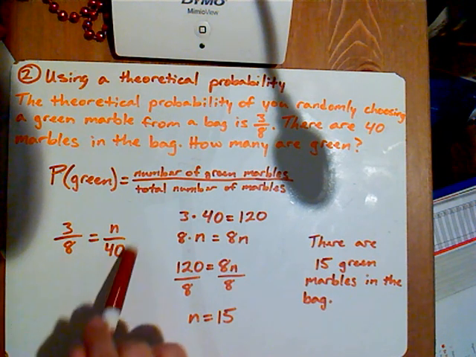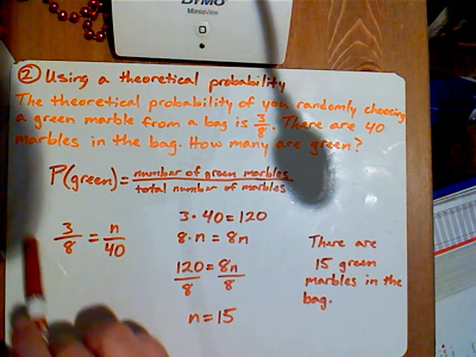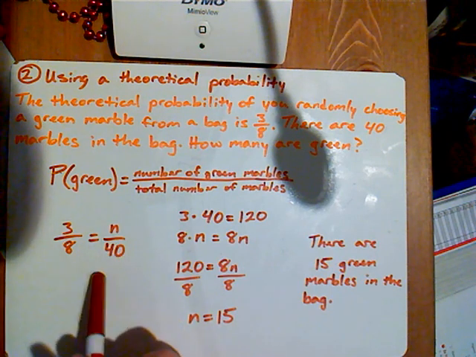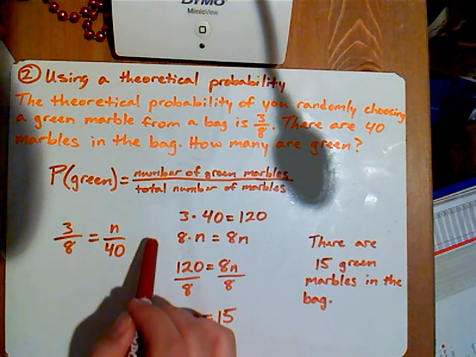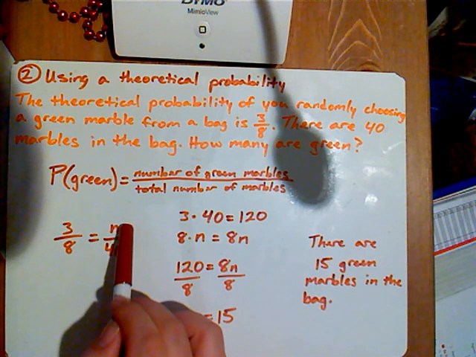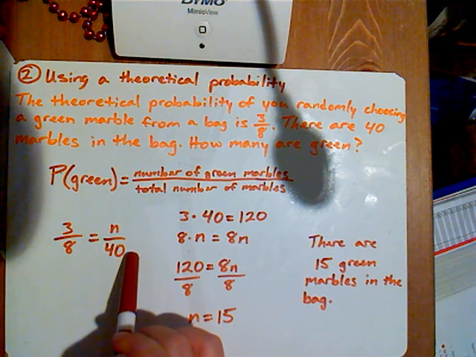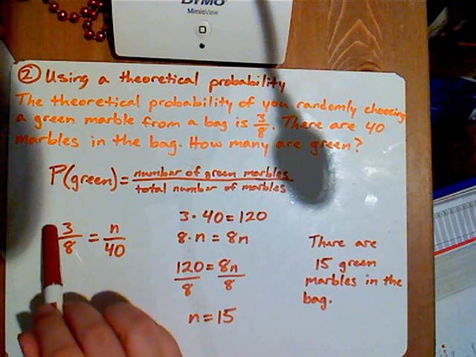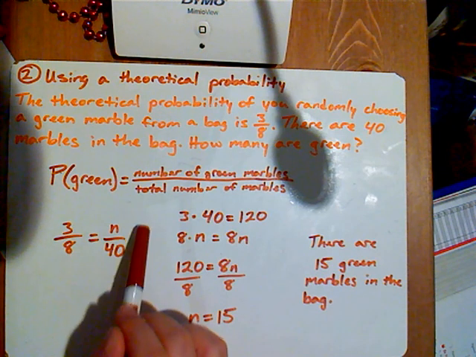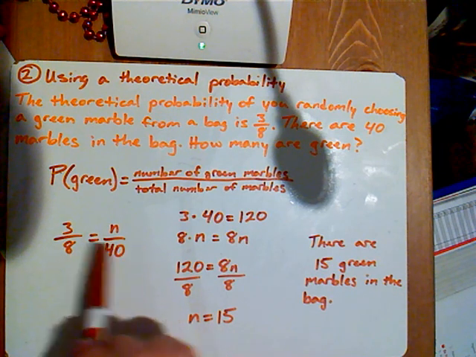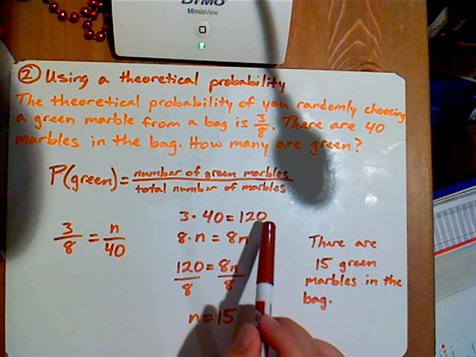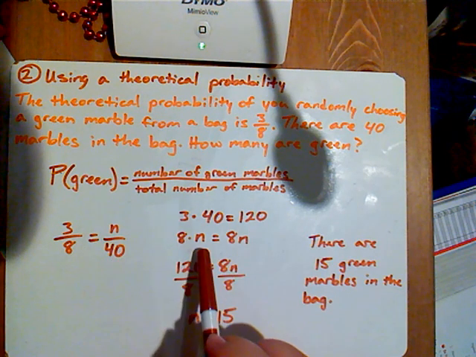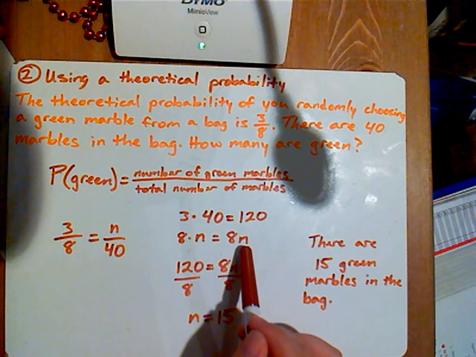We're going to make a proportion. Okay, remember how to do those proportions. So our first ratio is 3 to 8, and we want to figure out how many are green when the total is 40. So you make your proportion 3 to 8 equals n to 40. And then you're just going to do that cross multiplication. 3 times 40 is 120. 8 times n is 8n.